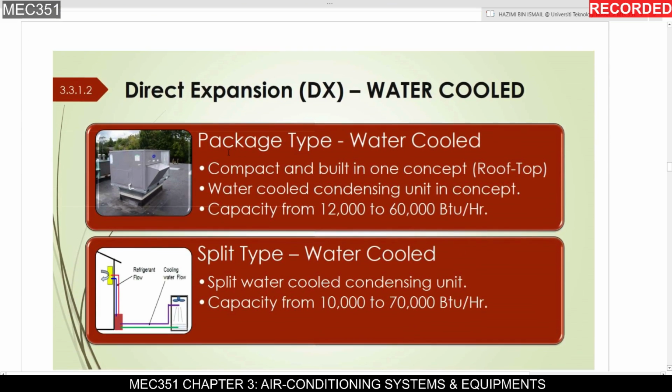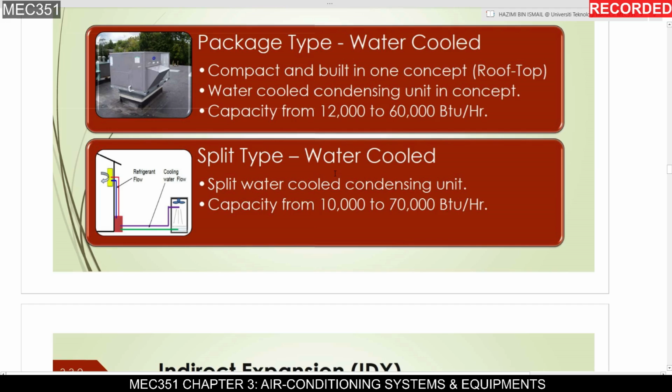Okay, so also we have the package type that is using the water cool type, and the split type here using the water cool. In some conditions where the outdoor unit is very far from the refrigerated space, they can use the water cool.